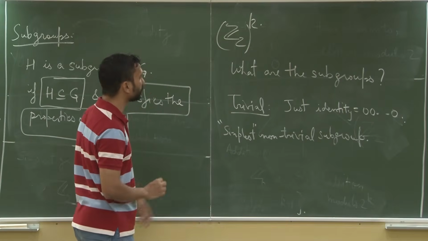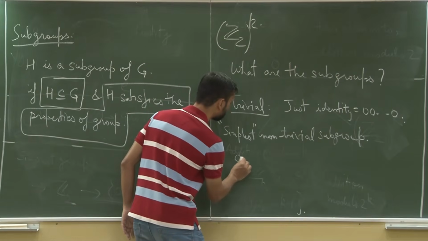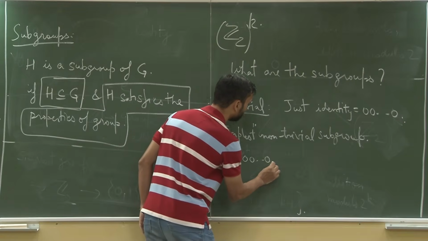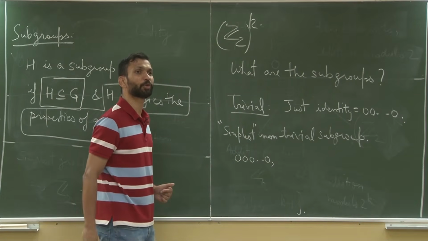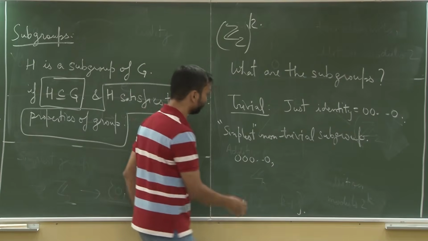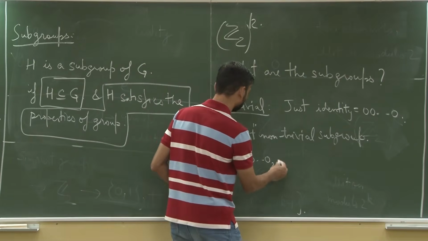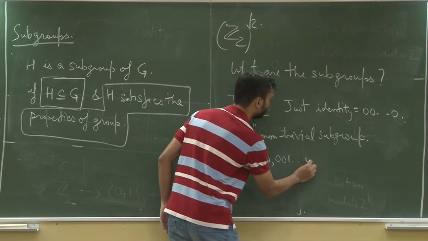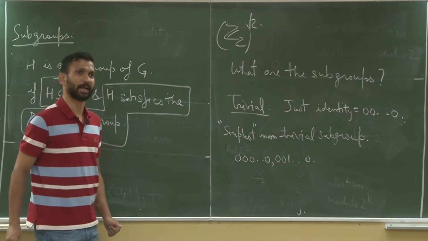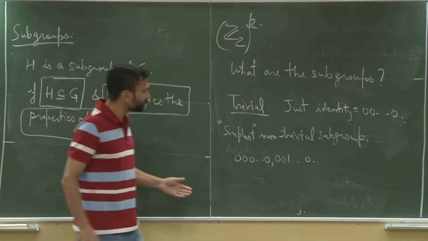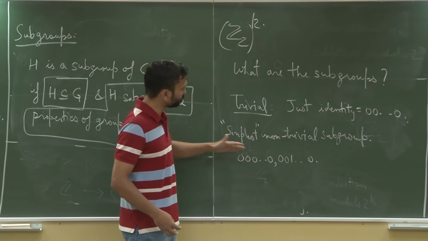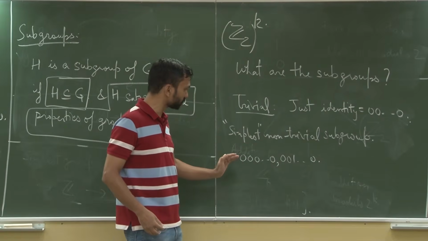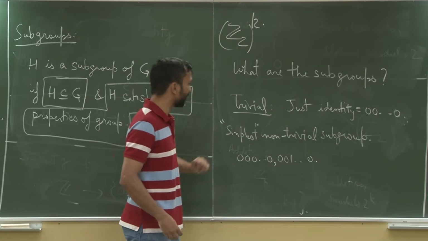Let's say that we have one element 0, 0, 0, and let's take another of your favorite elements, which is not 0, 0, 0. So let's say this is my element in the group, and since this subset, if it has to form a subgroup, has to be closed under addition, let's start adding them.